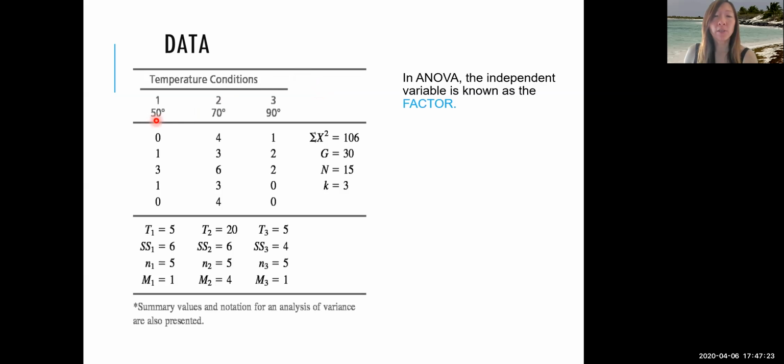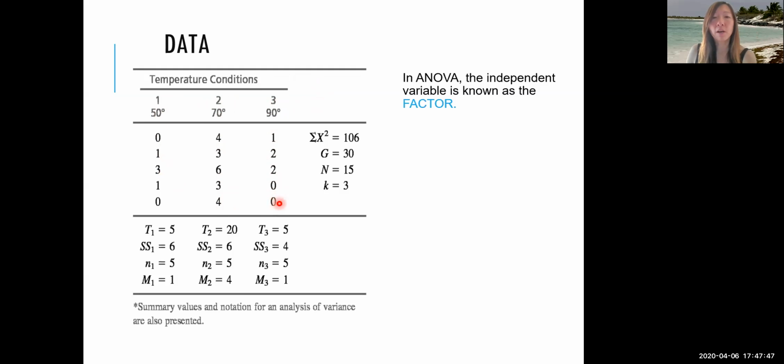So I divide my students up into 3 rooms: a 50-degree room, a 70-degree room, and a 90-degree room. Okay, and so I give them a test. Maybe I'll teach them something, and then I'll give them a test, and then I'll record their scores. So in this case, it looks like there's an N of 5.